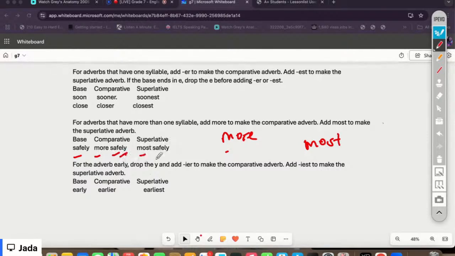You can see that the word has more than one syllable, that's why. And then for the adverb early, drop the y and add ier to make the comparative adverb and iest to make the superlative adverb. So if you have an adverb that ends with y, you change the y to i, and then add er or est depending on what you need. So we have early, earlier, and earliest. So that's how it goes.